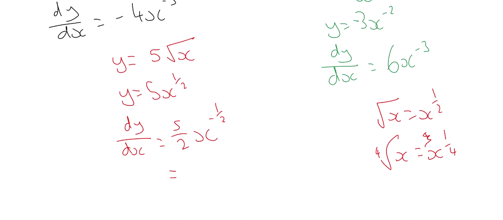Careful. 5/2x. Yeah. Okay, so this 5 stays on top and the 2 stays on the bottom. This goes on the bottom, and remember, to the power of half means square root. So I'm going to rewrite it like this. See what I'm doing? Same rule over and over again.